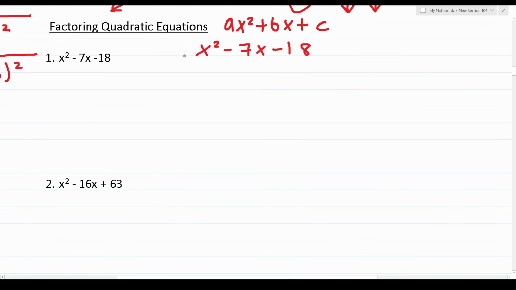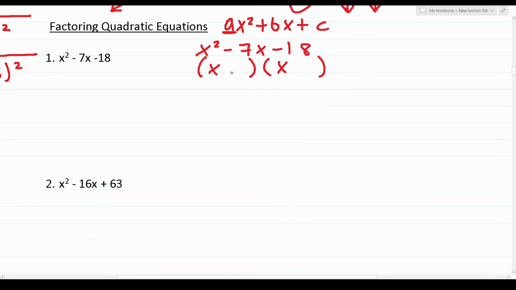Now, when we have nothing in front of our first term, we say that there's a leading coefficient of 1. Again, in algebra, you don't express 1 times a letter variable, so we know there's a 1 there. And whenever you have a 1 in front of your leading term, it can always be factored like this more often than not, just x times x.